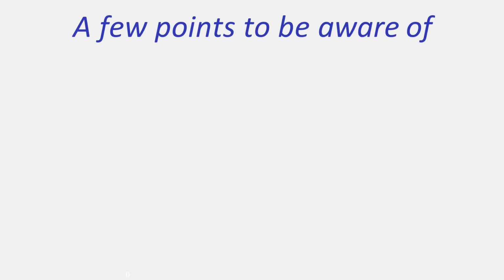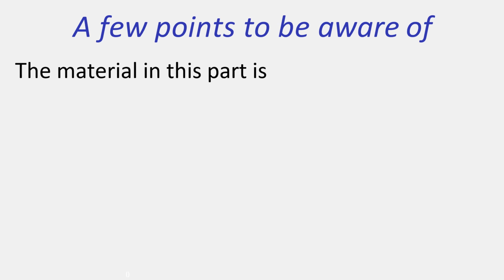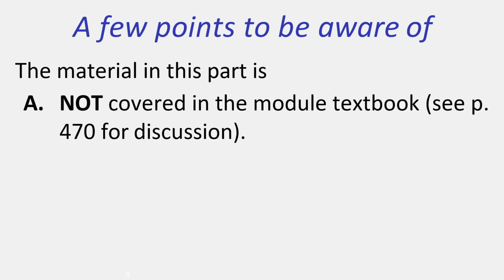A couple of things I'd like to point out before going on to the main business of this part of the module. The material is not covered in the module textbook. When I was writing, I thought very hard about this, and eventually, for reasons discussed in the book, I felt it wouldn't be possible to include it.